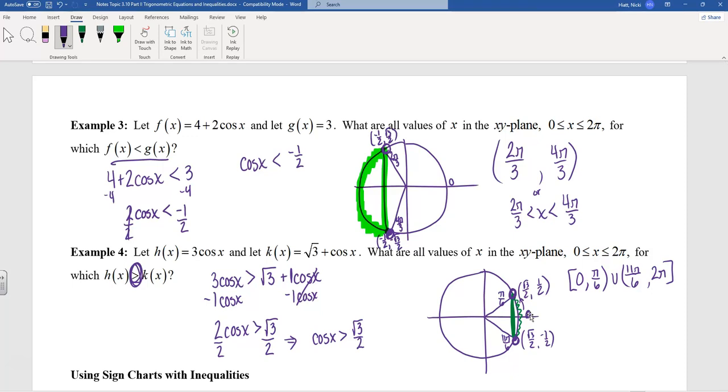If you have an or equal to sign, like if it's h of x is greater than or equal to k of x, you just use brackets for everything. So it's really only whenever you have to split an answer section, whenever it includes 0, that you end up having to think about it much.